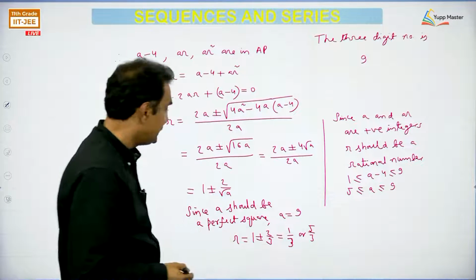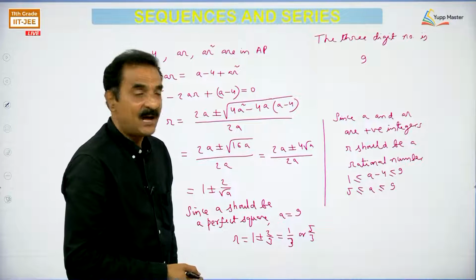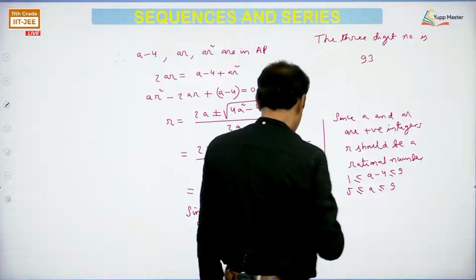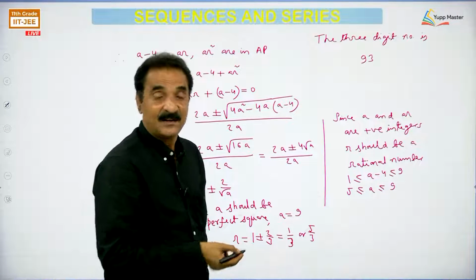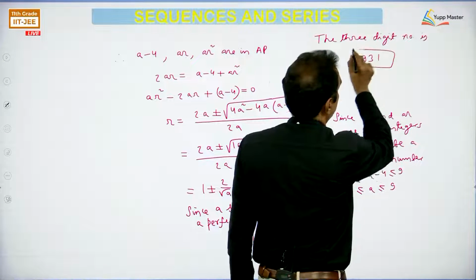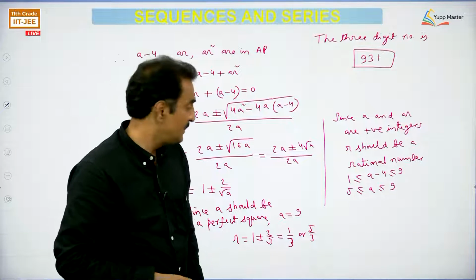Next number, ar. I am taking r is equal to 1 by 3. Then ar will be 9 into 1 by 3, that is 3. Next, ar square, 9 into 1 by 3 whole square, that is 1. The 3-digit number is 931, 931.